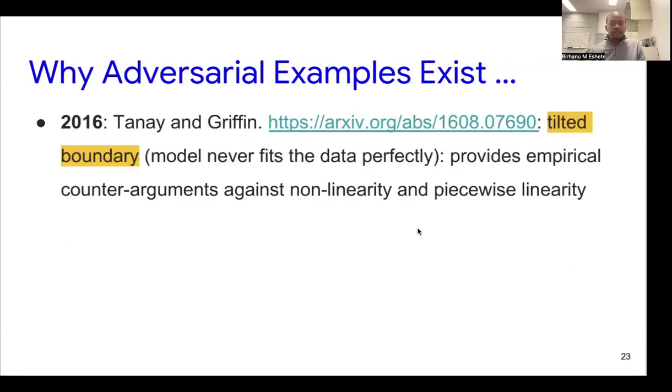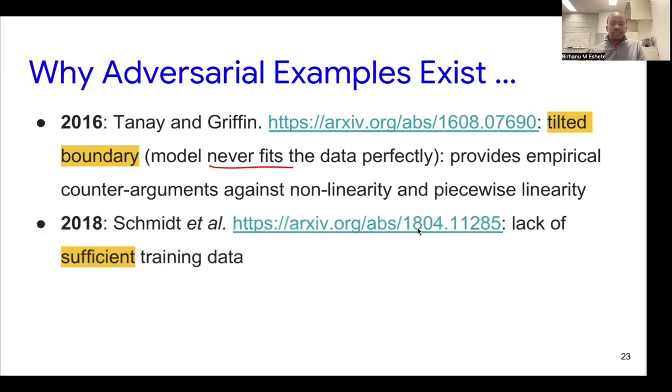And in 2016, another theory came, and this has to do with the notion of a tilted boundary, where the model is not going to fit the data perfectly. In this paper, they also provide empirical counterarguments against the previous two theories, the linear or nonlinear properties of neural networks.